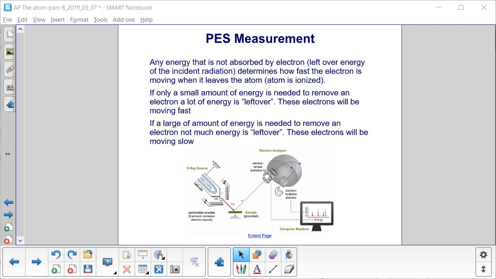So you see how there's a variable velocity here. If a large amount of energy is needed to remove an electron, so if we're talking about a more inner or core electron, not much energy is left over, and these electrons will then be moving very slowly. The speed at which they enter this electron analyzer helps the computer read out the various energy levels, which is what you see on the PES spectrum that you read.